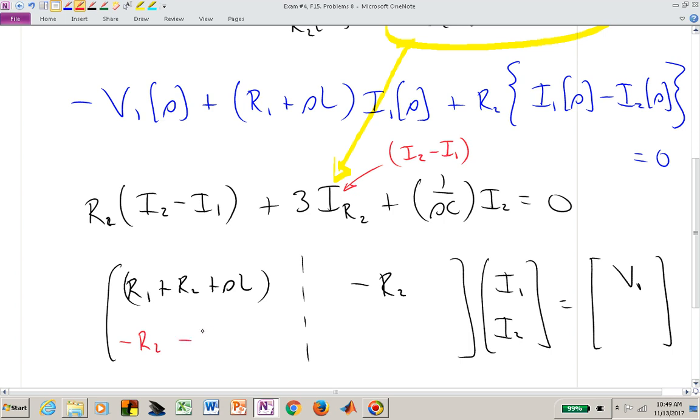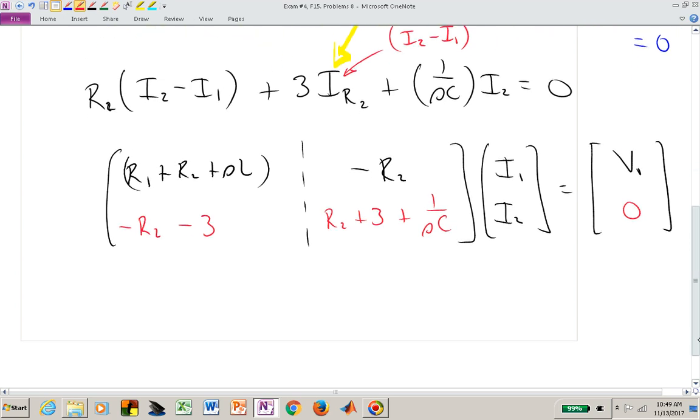We have a minus 3 times I sub 1, and that's all we have for I sub 1. Now we have what's multiplying I sub 2. We have a r sub 2 working from left to right. We have a 3, and we have a 1 over SC, and there's no forcing function driving that second equation.